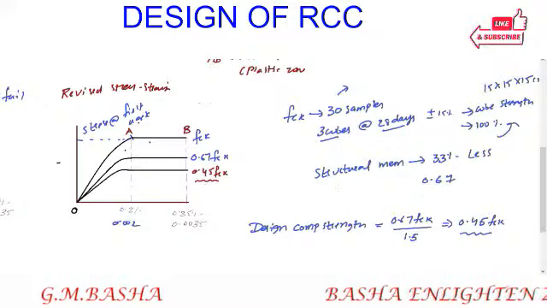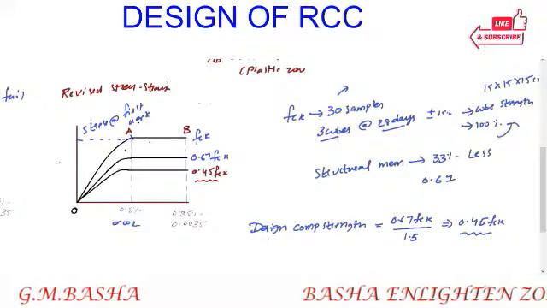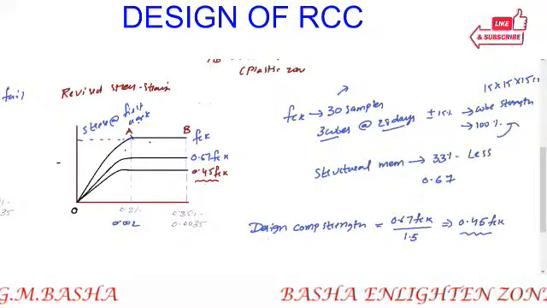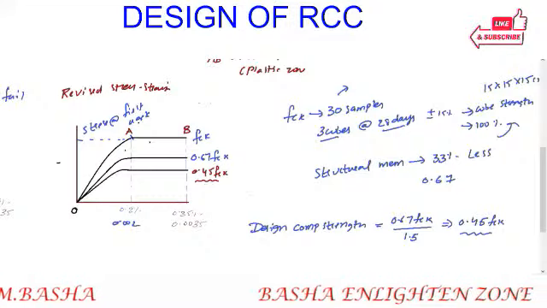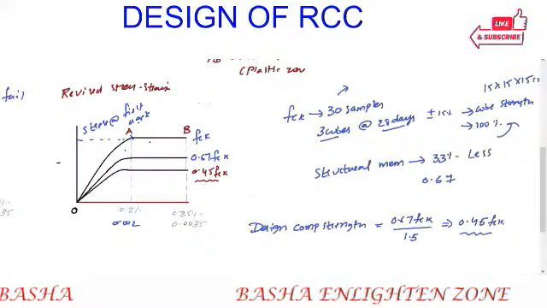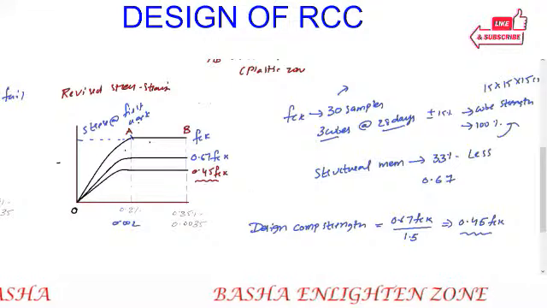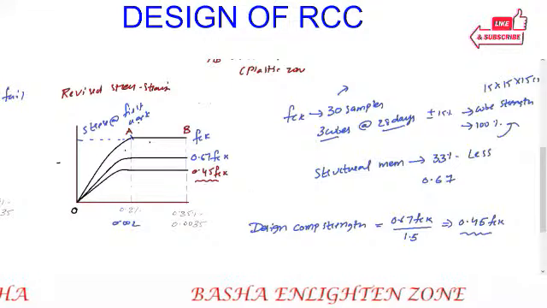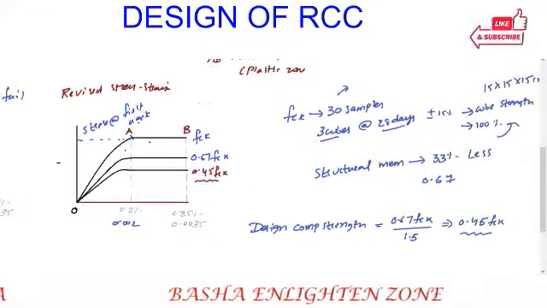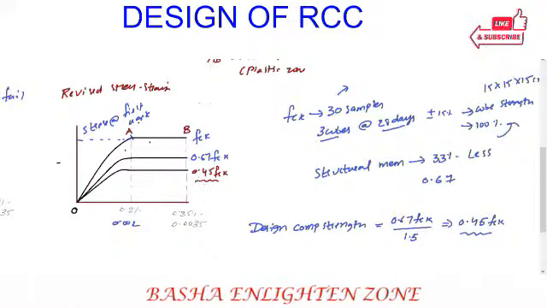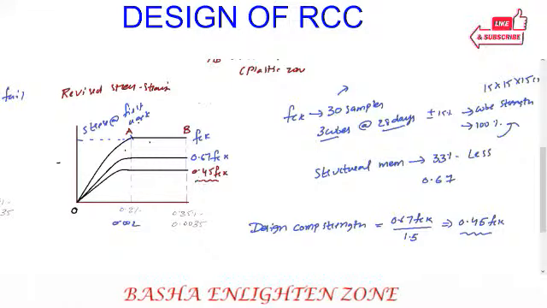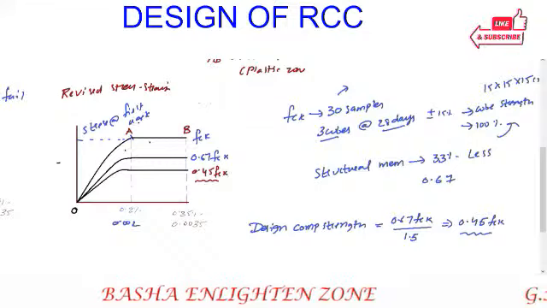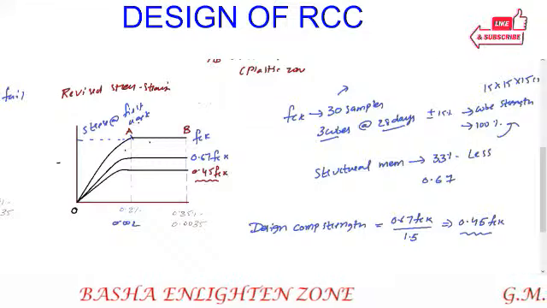Based on the design compressive strength formula, the characteristic strength of the member divided by its partial safety factor gives 0.45 FCK. So we have to design for this design compressive strength, 0.45 FCK. Based on that I will continue the topic.